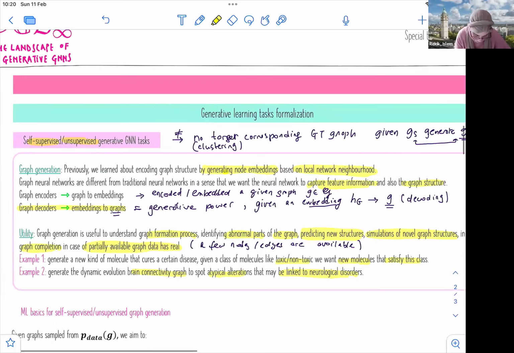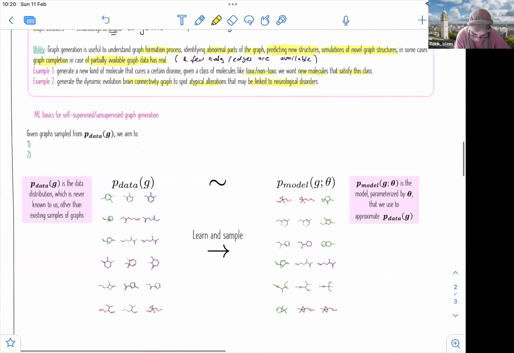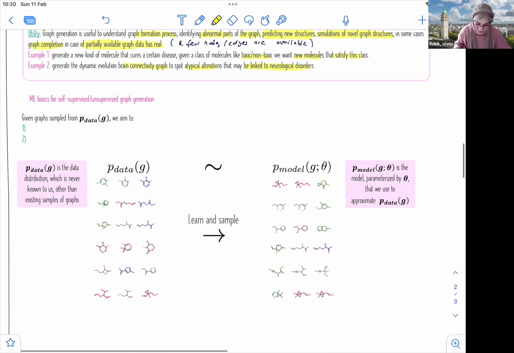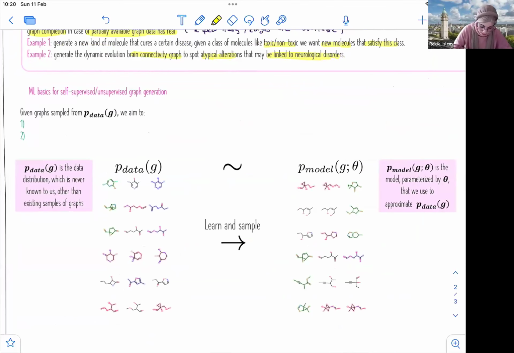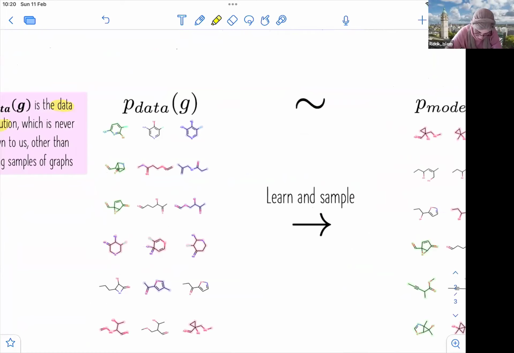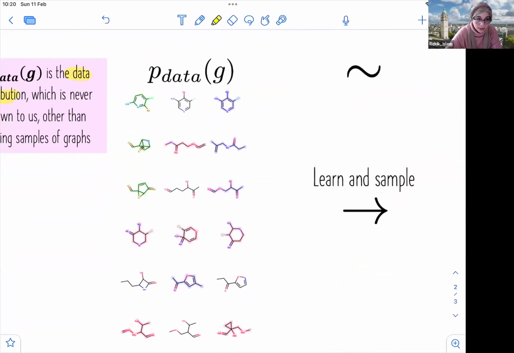Okay. So now let's look at the basics for self-supervised and unsupervised graph generation. All right, so first we start with P data. P data is the data distribution, the graph distribution that we have. So here we have molecular data, okay?